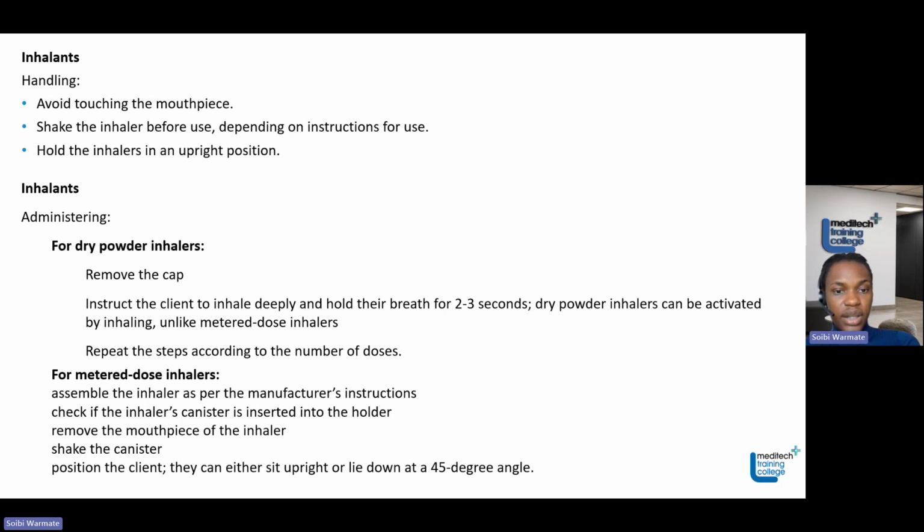For metered dose inhalers, assemble the inhaler as per the manufacturer's instructions. Check if the inhaler canister is inserted in the holder. Remove the mouthpiece of the inhaler. Shake the canister. Position the client. They can either sit up or lie down at a 45-degree angle.